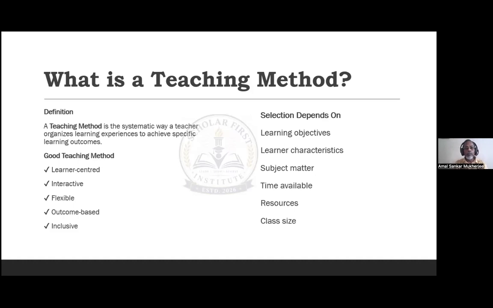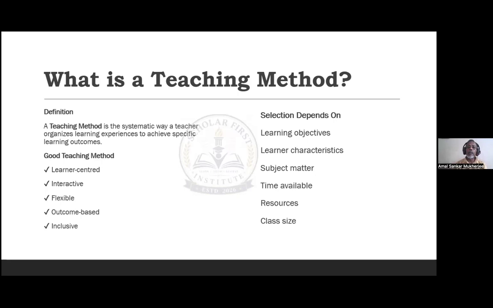But whenever a particular teaching method is to be selected for the particular content part and for the particular target learners, there are some factors on which the selection depends. What are the factors?